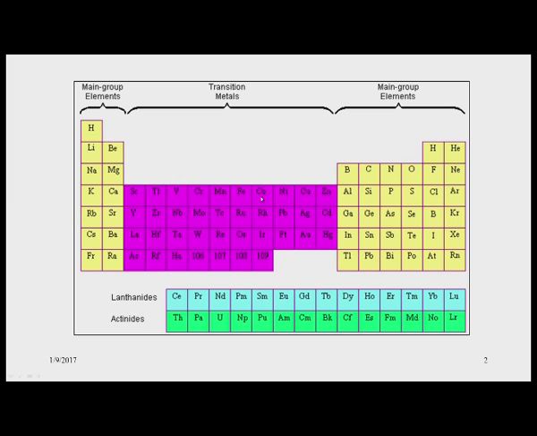So these elements are so important that we should know them well, because they have interesting properties.